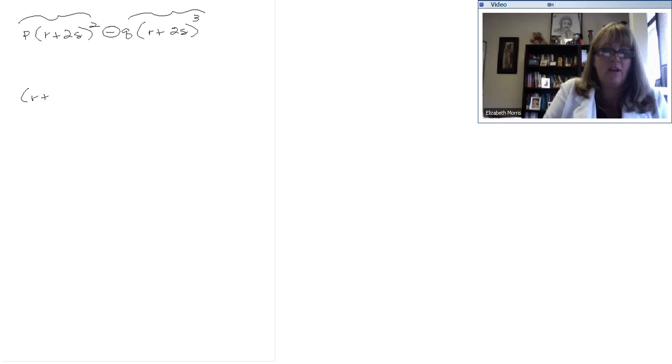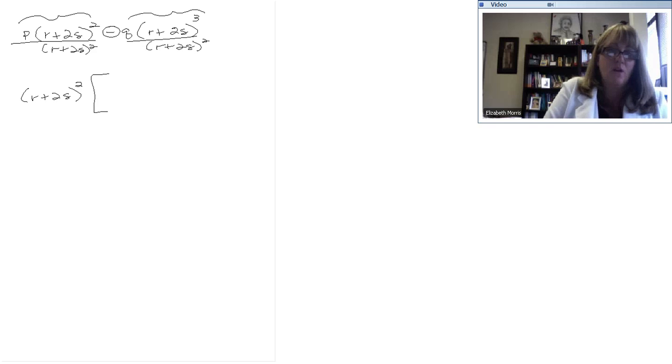They each have an R plus 2S, and what's the lowest exponent? Squared. So I'm going to divide by (R plus 2S) squared, and then I have to say what's left. Those completely cancel out. Got a P. Minus. Now, the Q is there, but these don't cancel out. I have 3 on top and 2 on the bottom, so I'm left with 1.